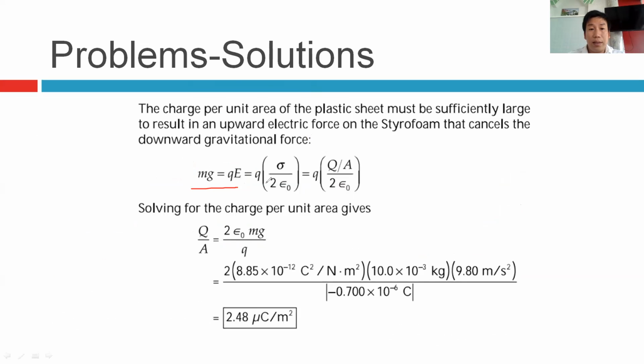You have the stable condition and you substitute it with this value, and you can get sigma. Sigma, Q divided by A, is the same, so you can write it as sigma. It's okay because they ask us for the charge per unit area, which means this one.